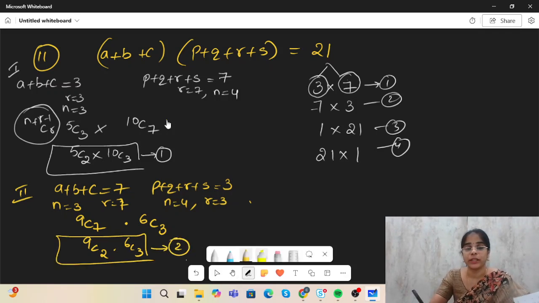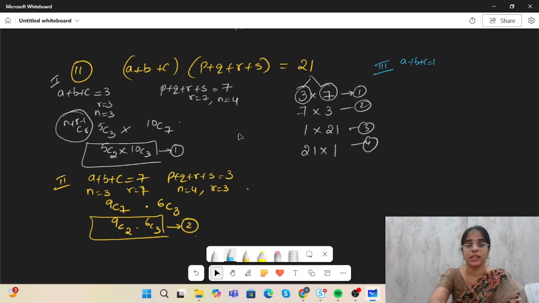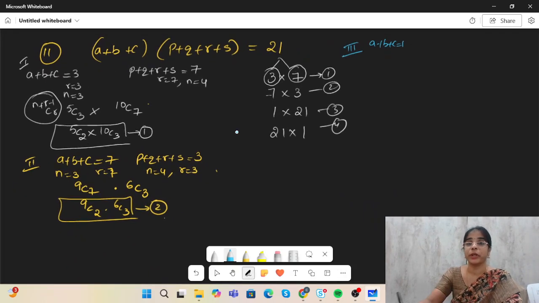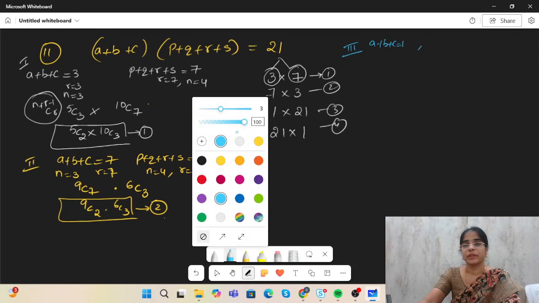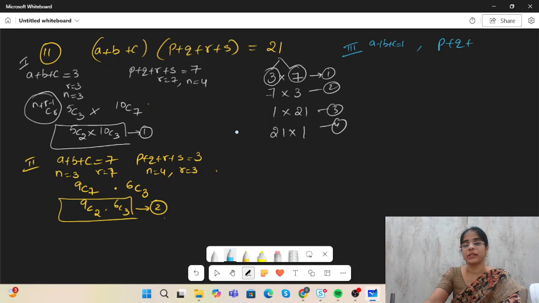Now, you will be doing case 3 and case 4. Case 3. Your a plus b plus c will be 1. P plus q plus r plus s will be how much? 21, right? P plus q plus r plus s will be 21. Here your n is 3, r is 1.